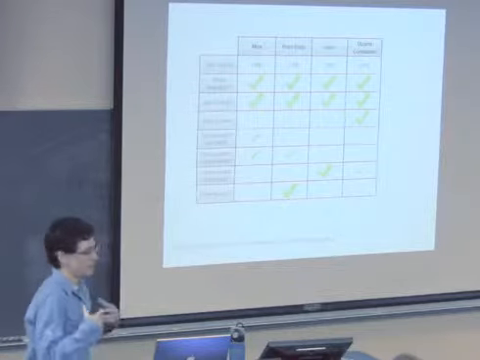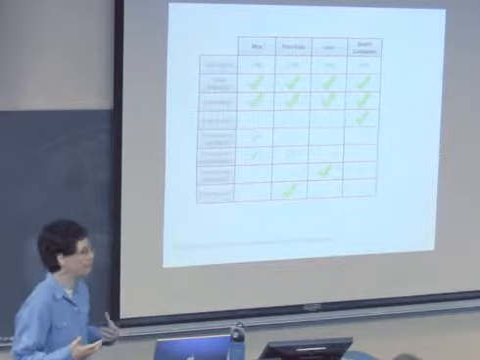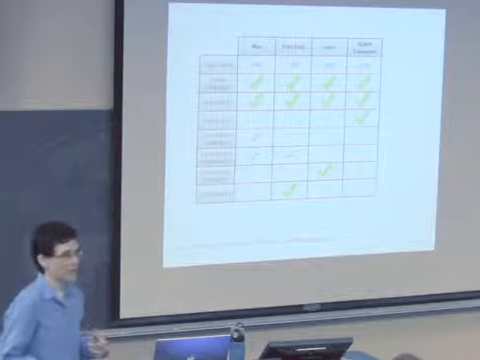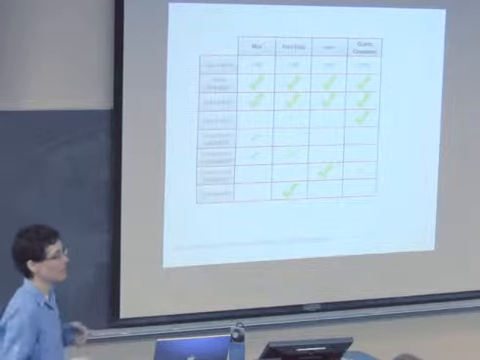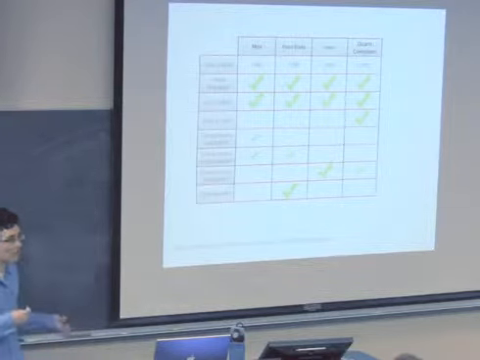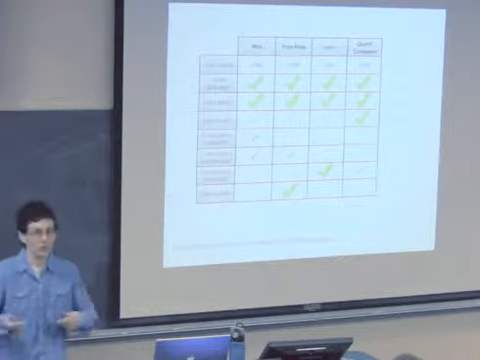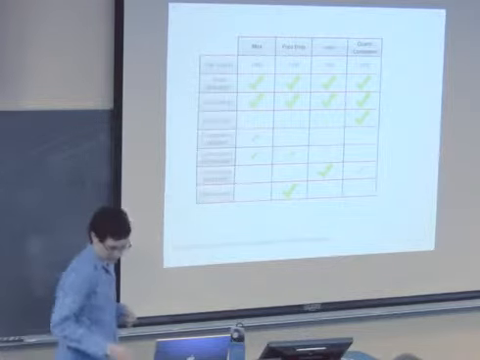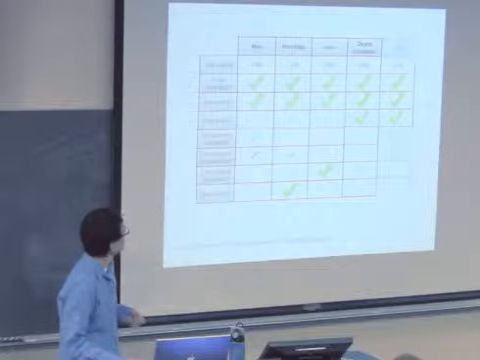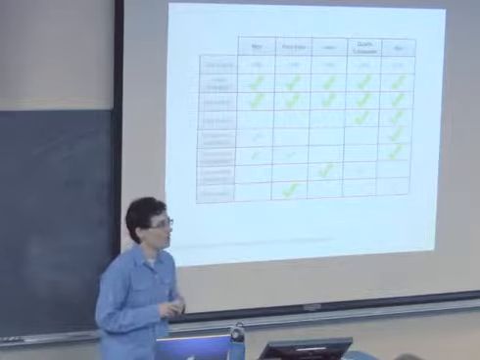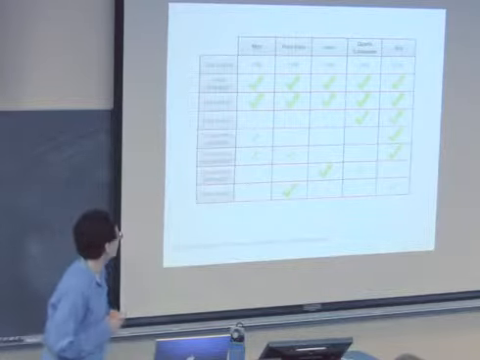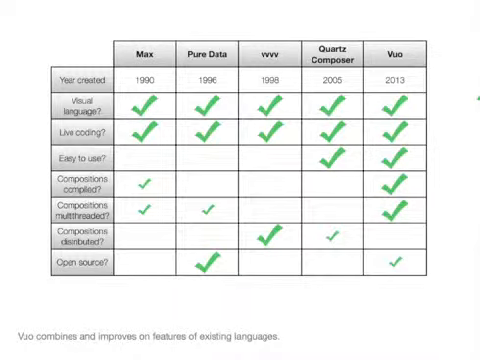As I said, we wanted to create Vuo to build on the strengths of some of the existing visual programming languages and also try to improve upon where they're weak. A couple of things that we wanted to improve on with Vuo. We wanted to improve on usability.